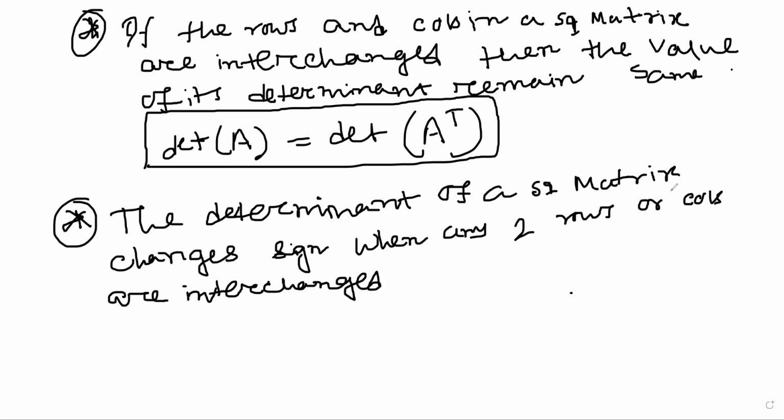The determinant of a square matrix changes sign when any two rows or columns are interchanged. Okay.